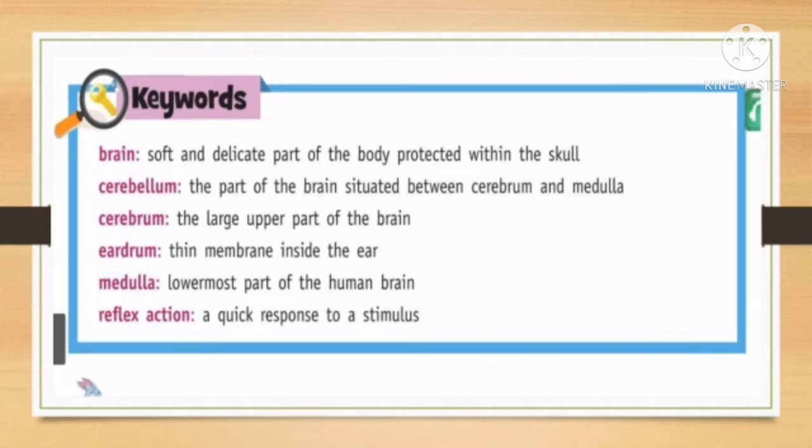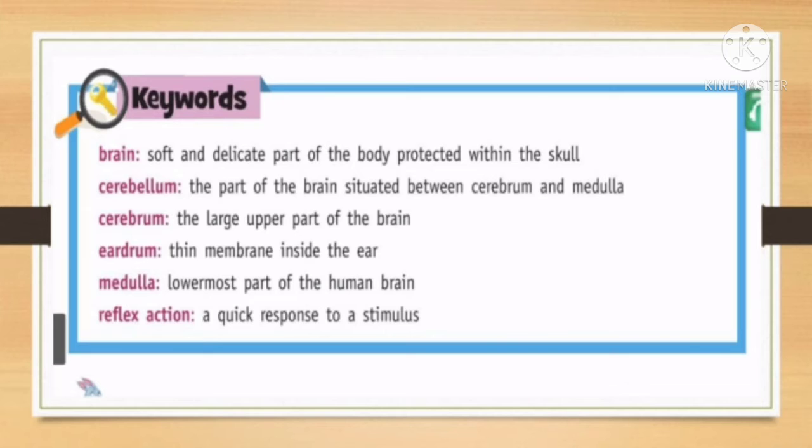Now, the next word is the eardrum. Eardrum is the thin membrane which is present inside the ear. The function of the eardrum is to convert the sound which enters the ear into vibrations.